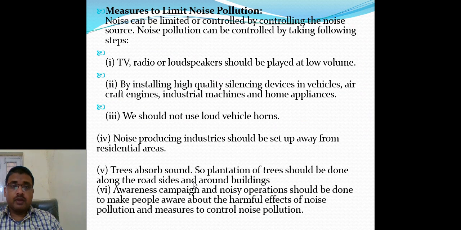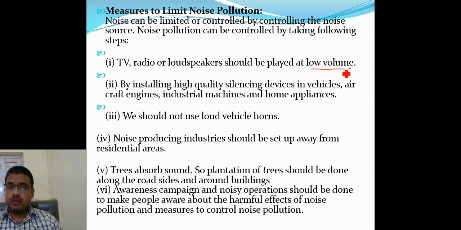Now the measures to limit noise pollution, that means how noise pollution can be limited or controlled. Here some suggestions are given. TV, radio, and loudspeakers should be played at a low volume.